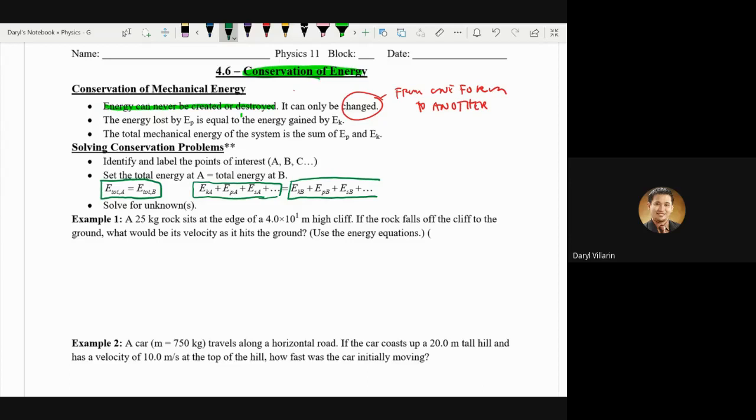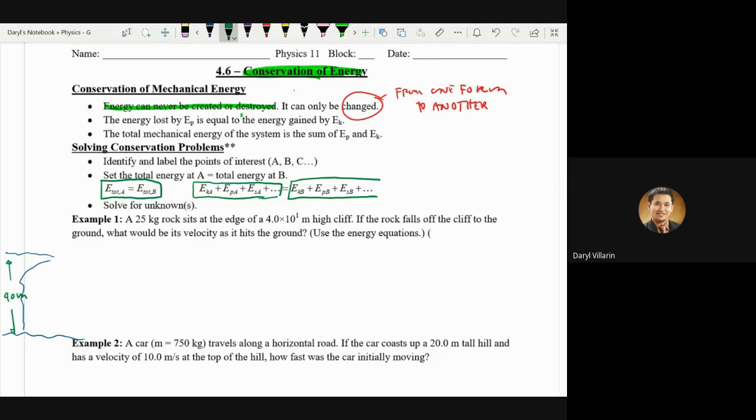So you have a rock, and perhaps you have a cliff here. The height of the cliff is 40 meters. Okay, 40 meters. Then it falls off to the ground.